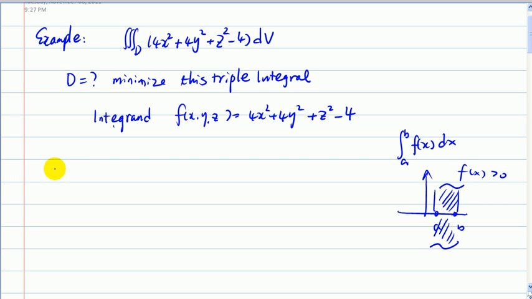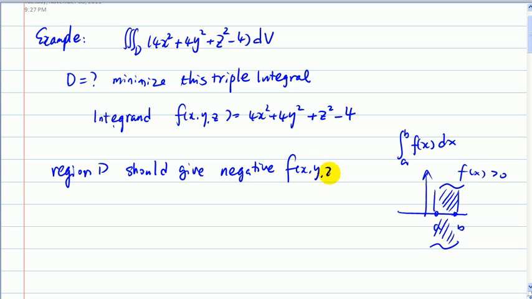So this region D should give a negative f of x, y, z. In other words, you want this to be less than 0.